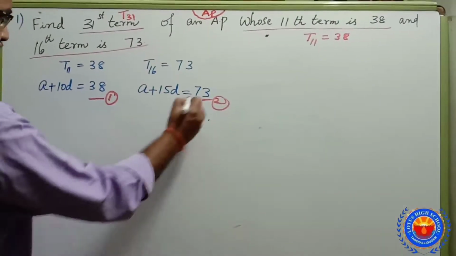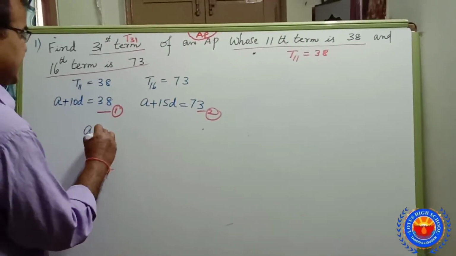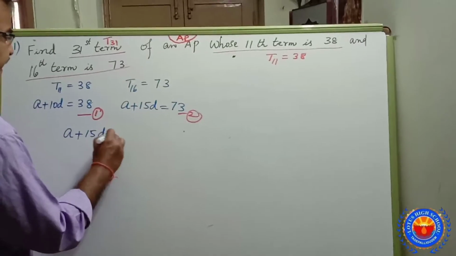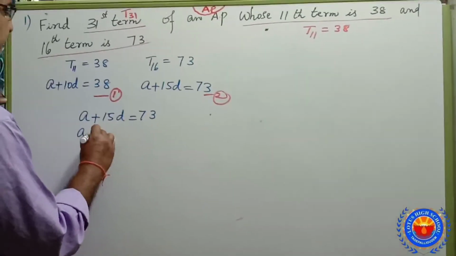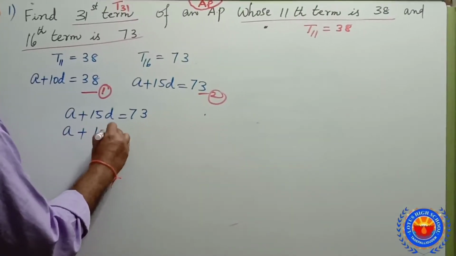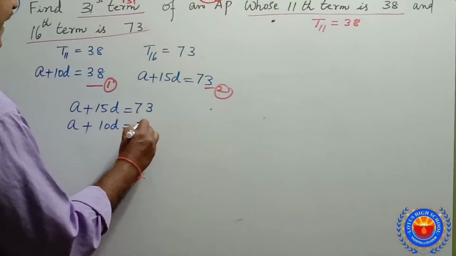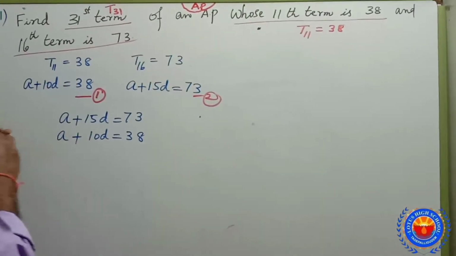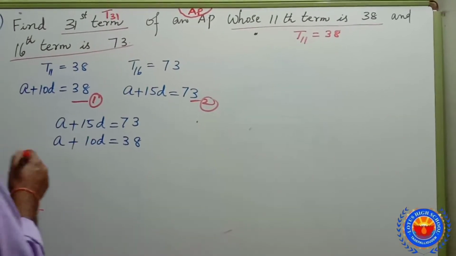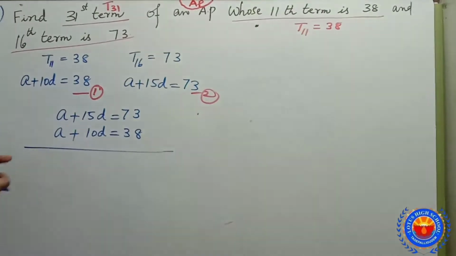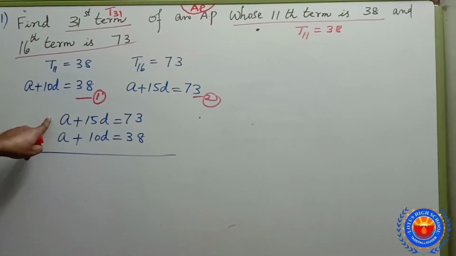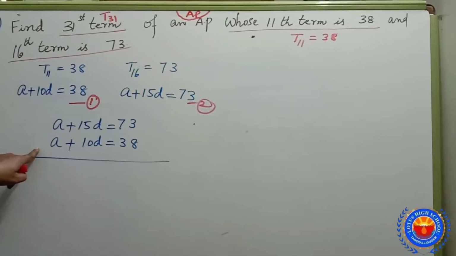First I will write a plus 15d is equal to 73. Second equation, a plus 10d is equal to 38. Here I can eliminate a, because here also 1a, here also 1a. No need to multiply with anything.